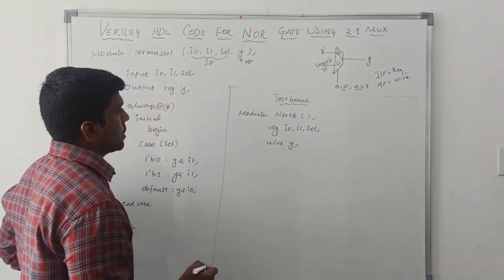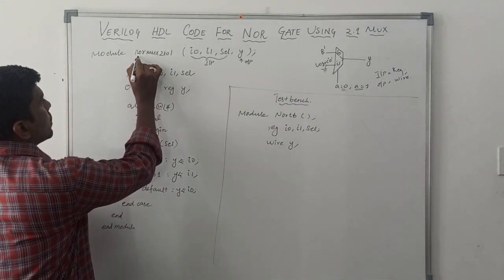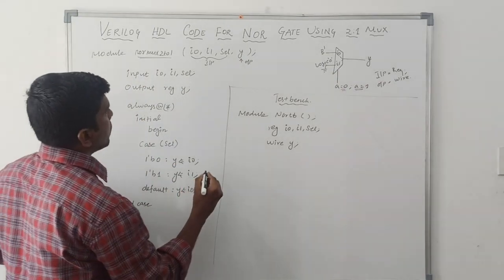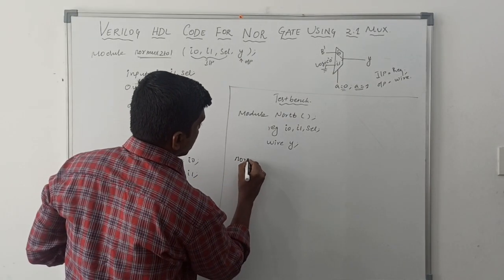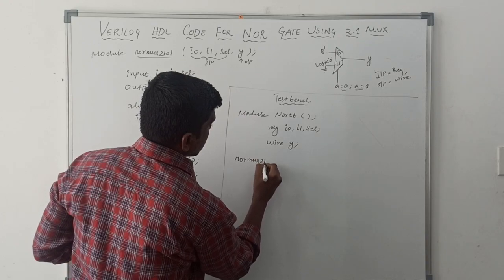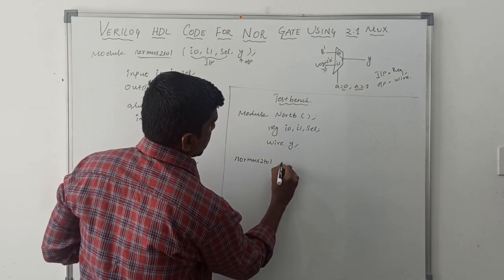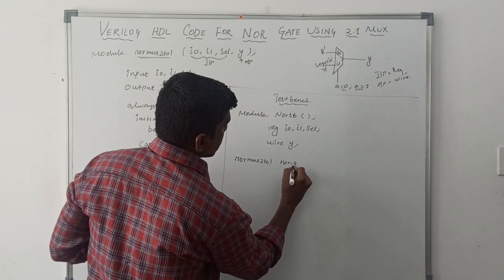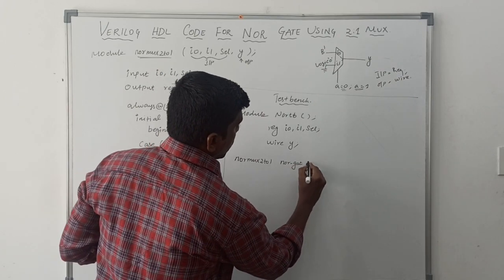Then the declaration of instantiation. In this Verilog HDL code, the module name is NOR mux 221. So NOR mux 221, then DUT. DUT is the NOR gate.